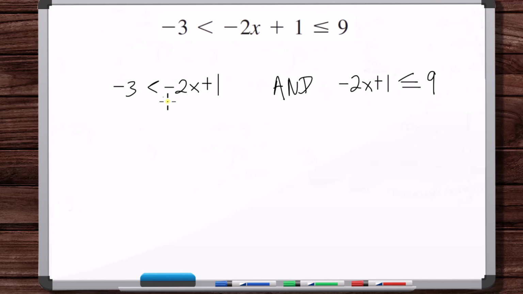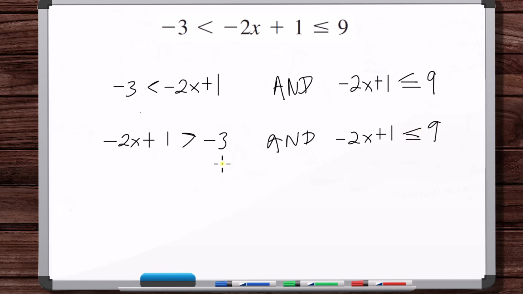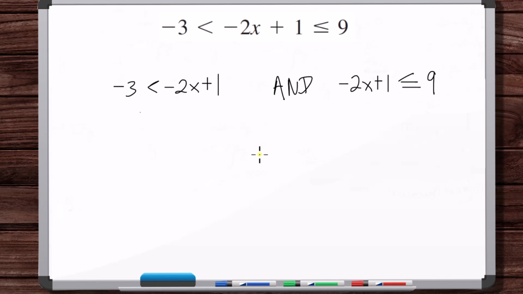Now, the fact that you can see the minus 2x plus 1s both in the middle like that, you might not see that visually because we could have written this differently, and you wouldn't necessarily see it. It's kind of hard to see when you look at it this way, but you just have to look closely and see, okay, is there the same variable expression or number sandwiched in the middle? And then you can combine them this way.